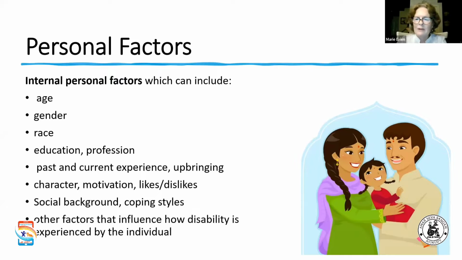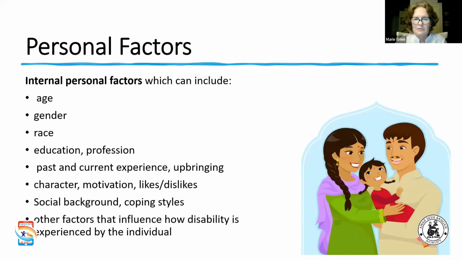So the social background, the coping styles, and factors that influence how disability is perceived by either the child or the family. Because we are talking about children here, it relates to both child and the parents.